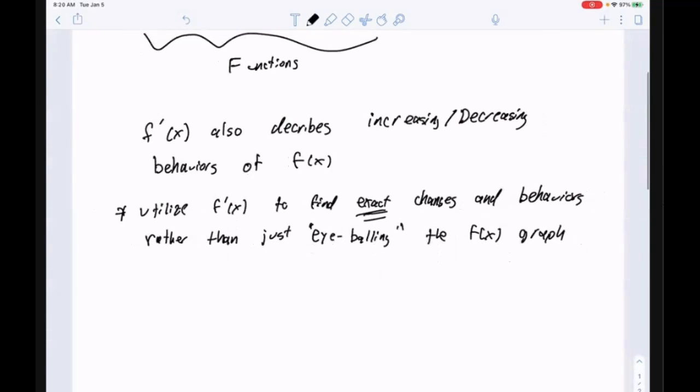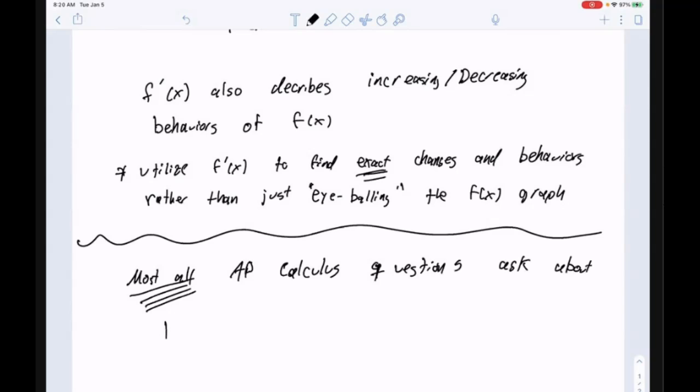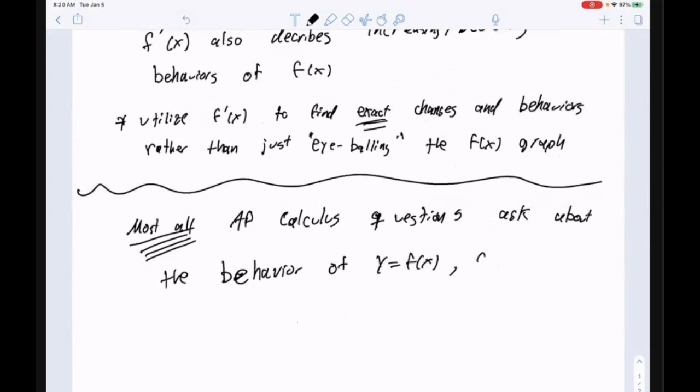So as I also noted, there are going to be many features. So basically, most all AP calculus questions ask about the behavior of y equals f of x given/utilizing y equals f prime of x.